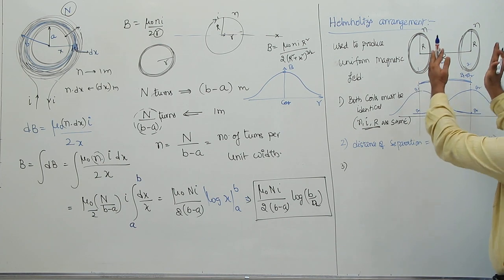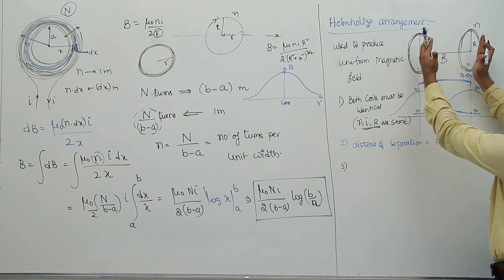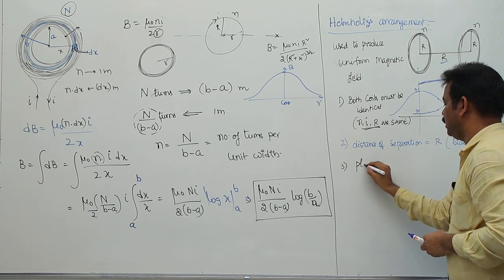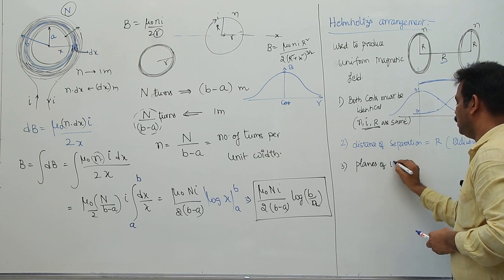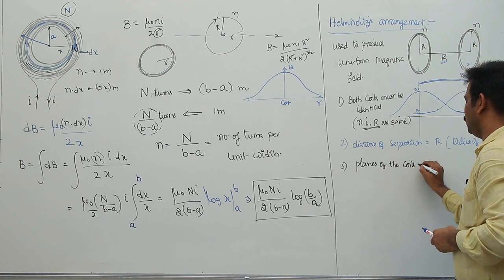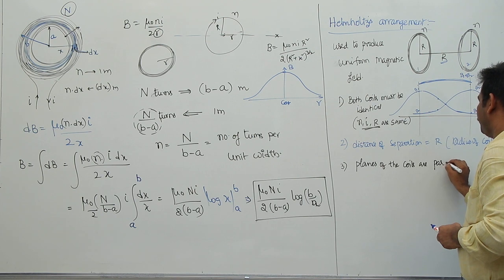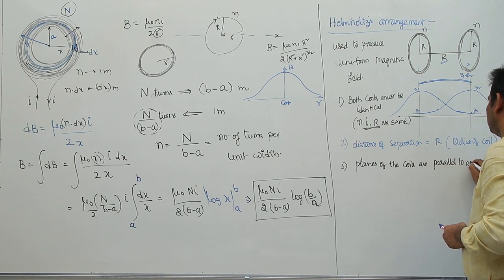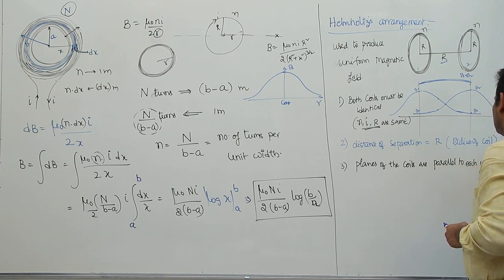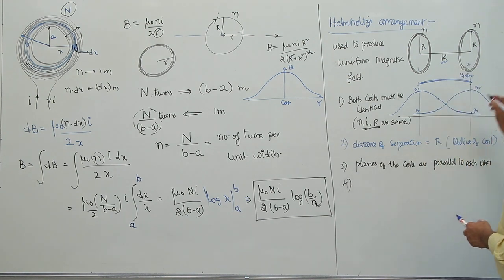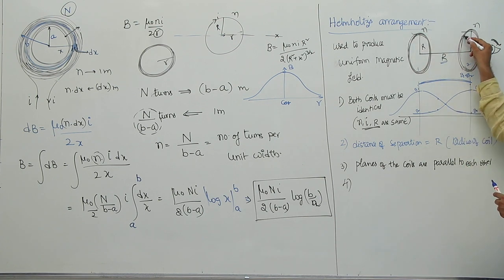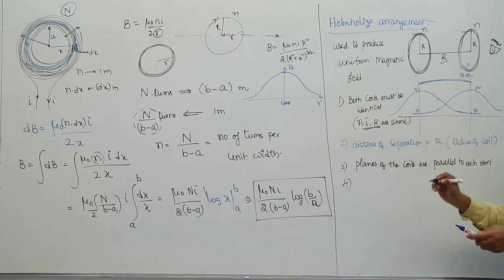Third, the planes of the coils must be parallel to each other. And the fourth one: let us say we observe from this side, the direction of current in both coils must be either clockwise or anti-clockwise.